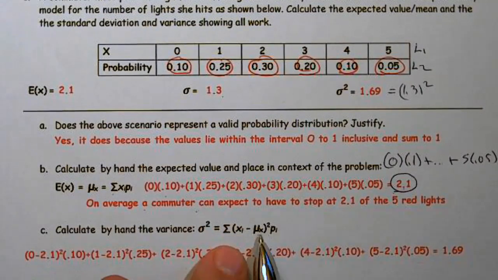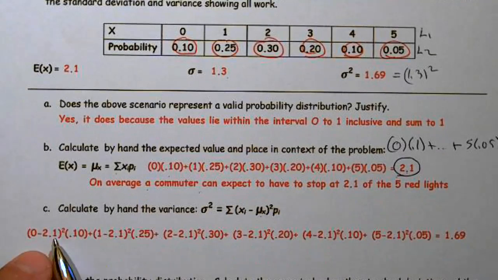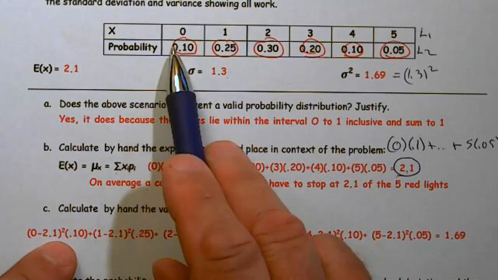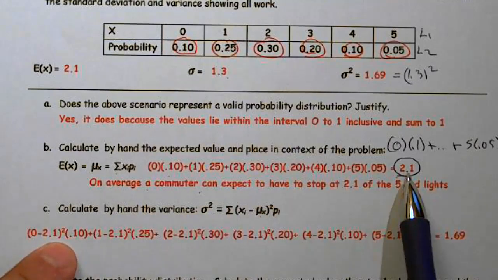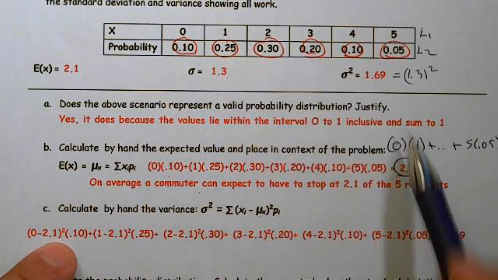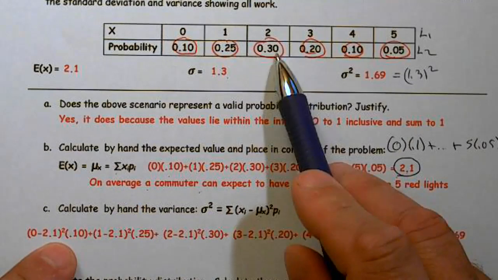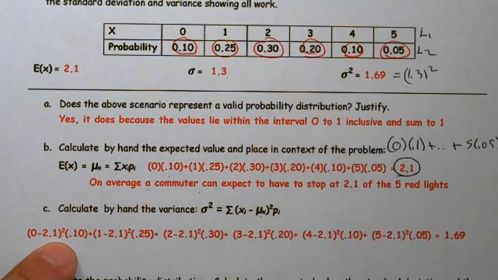Once again, I don't have to write the formula, but I need to show my work. So calculating my variance would be 0 minus 2.1 squared times the 0.1, 1 minus the 2.1 squared times this associated probability, 2 minus the 2.1 times its associated probability, 3 minus the 2.1 squared times this associated probability, and so on and so forth, and that would give me my variance.